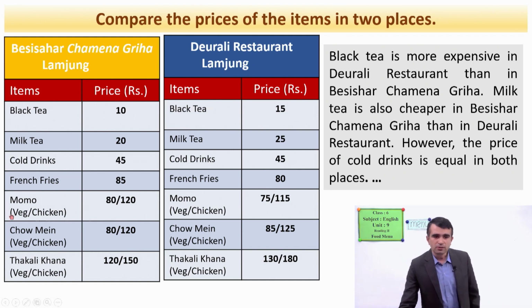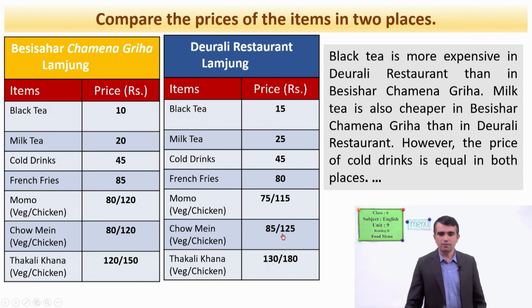Now momo, you can see. In momo also you can see veg and chicken. Here veg is 80 rupees, chicken 120 rupees. In the same way, momo veg here in Devrali restaurant, what is the price? 75 rupees and chicken 125.